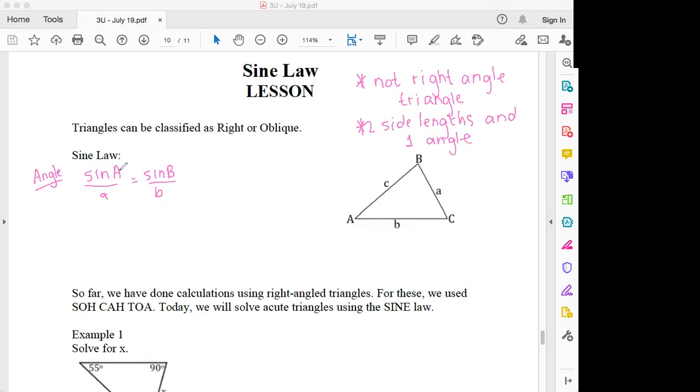Your capital A is your angle, your smaller a is your side length. When you're trying to find a side length, it's the same thing, it's just flipped: a over sine A equals b over sine B.